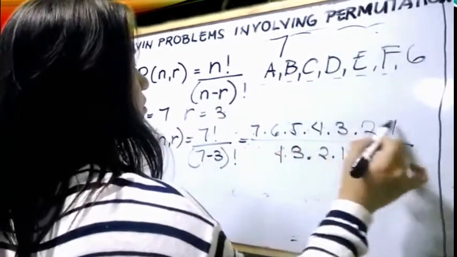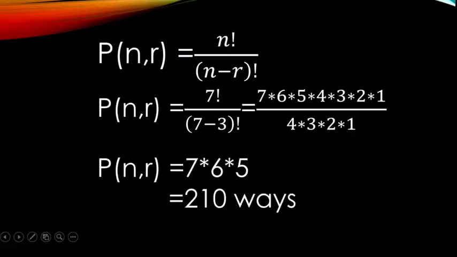We just cross out the factors 4, 3, 2, 1 because we have that on the denominator as well as on the numerator. So what was left are 7 times 6 times 5, which gives us 210 ways.